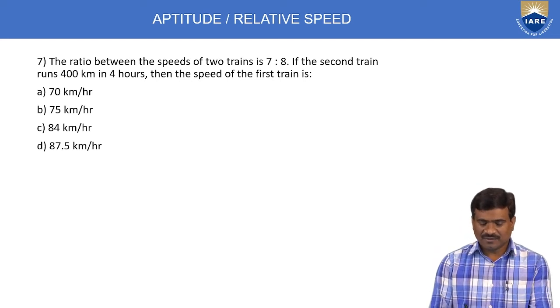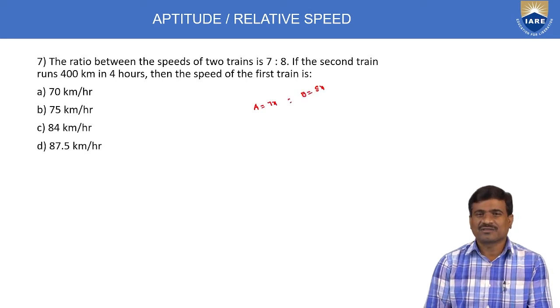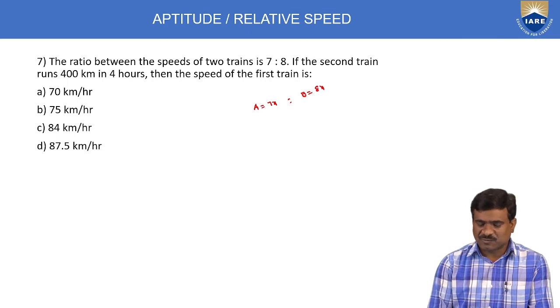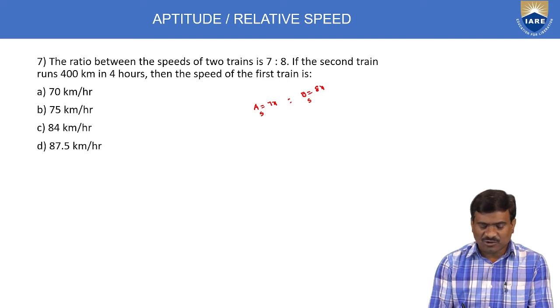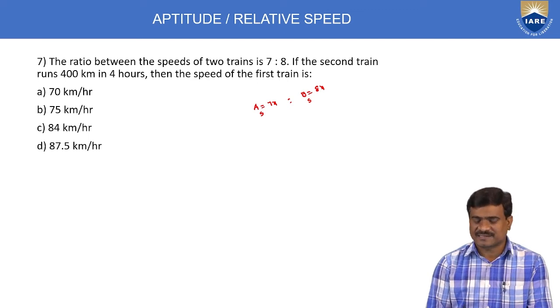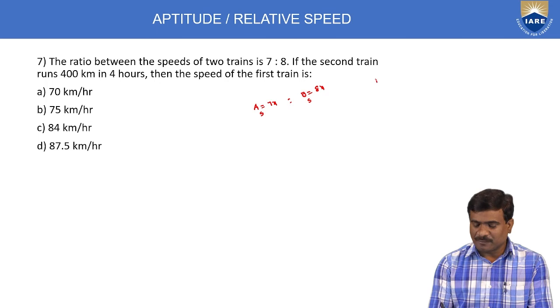First statement: suppose A speed is 7x and B speed is 8x, since A speed to B speed is 7:8.